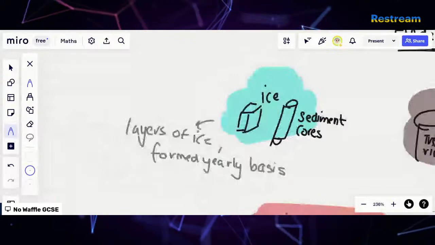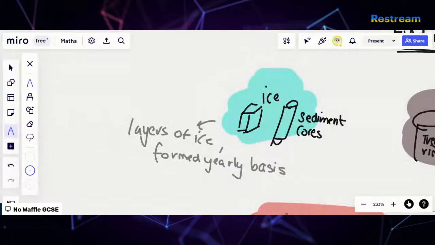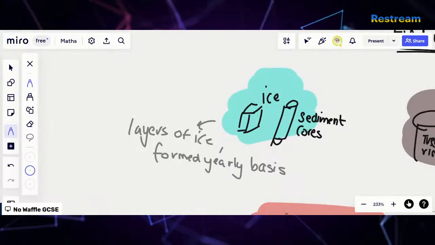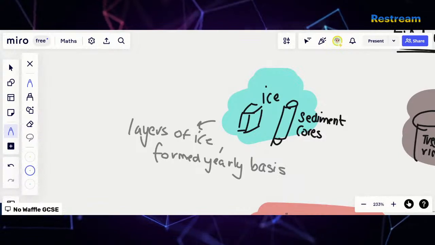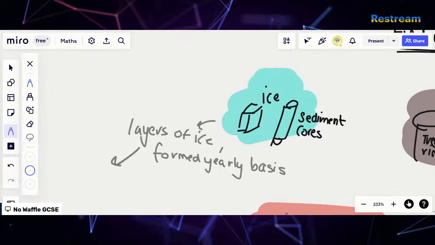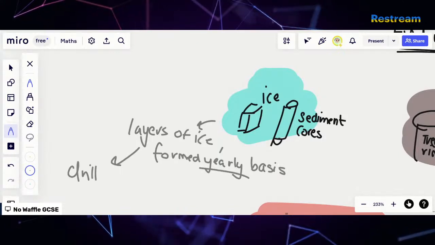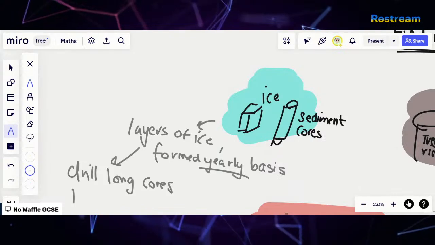And therefore, because it's formed each year, if you drill deep enough, scientists can get really long cores of ice, and by analysing the gases trapped in those layers of ice, they can tell what the temperature was that year. So the layers of ice formed on a yearly basis allow scientists to drill for really long ice and sediment cores, which will tell you something about the temperature that year.